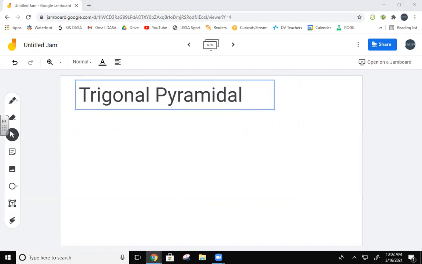So we've looked at all these different things that are going on. What would your guess be on a trigonal pyramidal? It's a pyramid. A pyramid, yeah. Which has 4 sides. What would trigonal mean? A 3-sided pyramid.